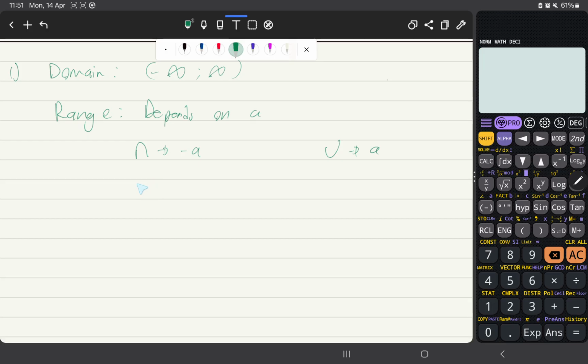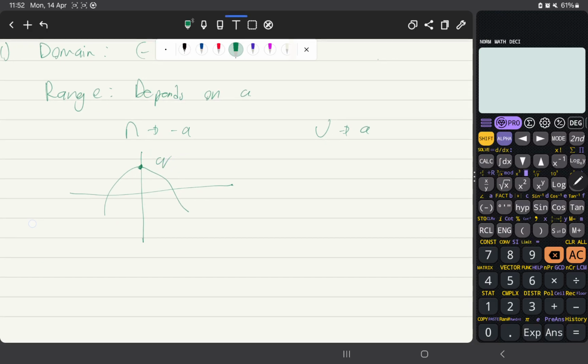So with this, let's draw this graph. It's something like this. And then here you have your q, whatever it is. Your range here, you see your y values move from this point and go downwards, because this goes downwards like this, and this side as well.